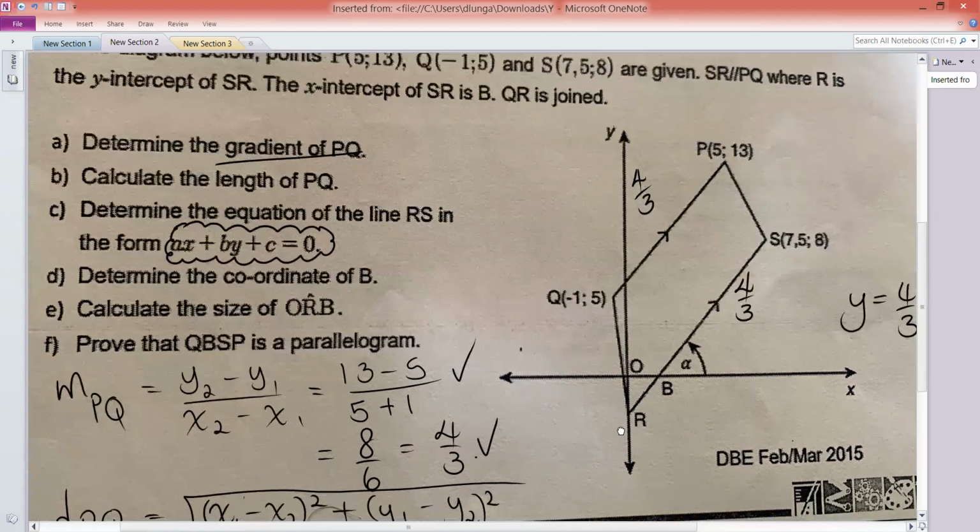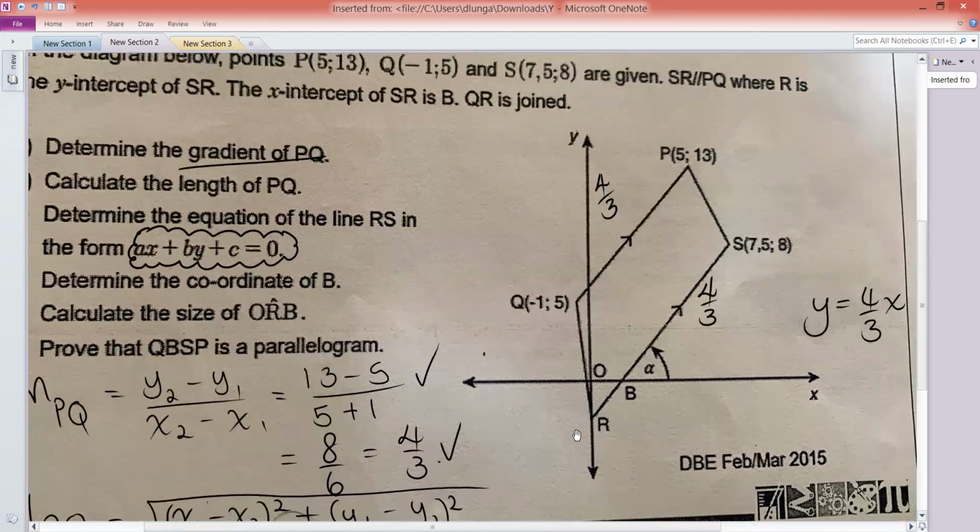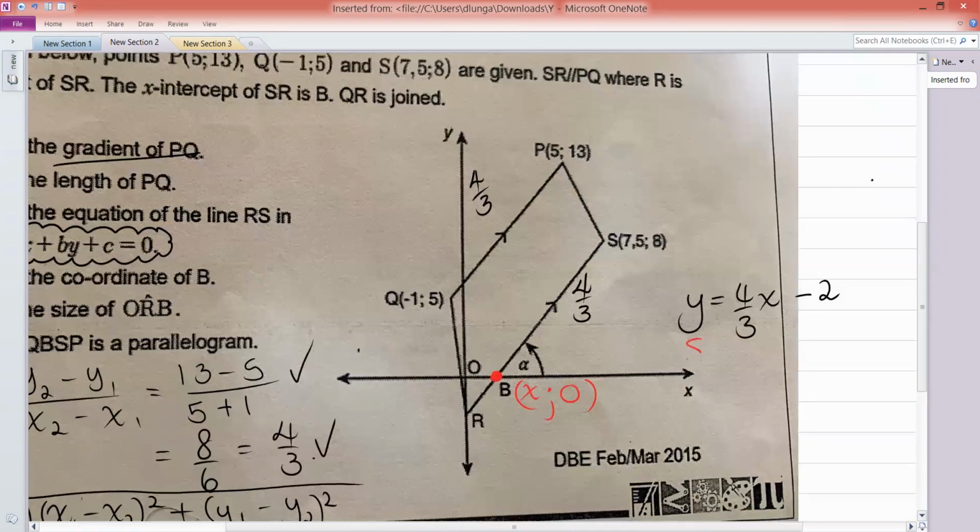Now determine the coordinates of B. What do you know about B? It's an x-intercept. That means the y value is going to be 0. So if the y value is 0, we can work out the corresponding x value by substituting y equals 0 into this equation.